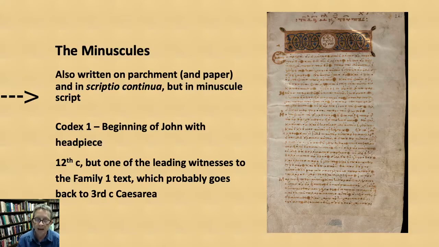A glance at a minuscule manuscript gives the impression that it's no longer in scriptio continua because don't you think you see spaces between words here? And in some cases you do, and you may also see spaces that signify the beginning of a paragraph. However, you're not actually looking at spaces between words. Instead, there were spaces after certain letters that weren't allowed to be combined with other letters.